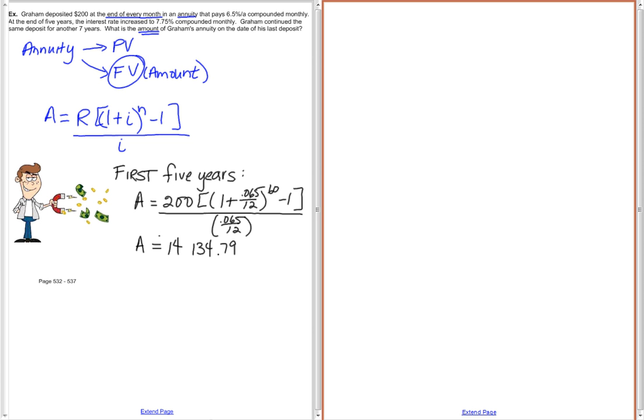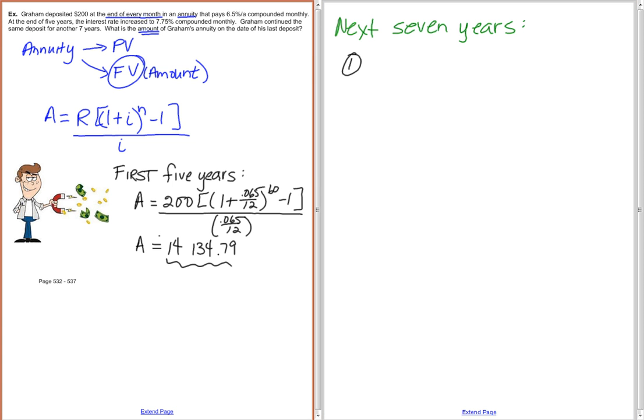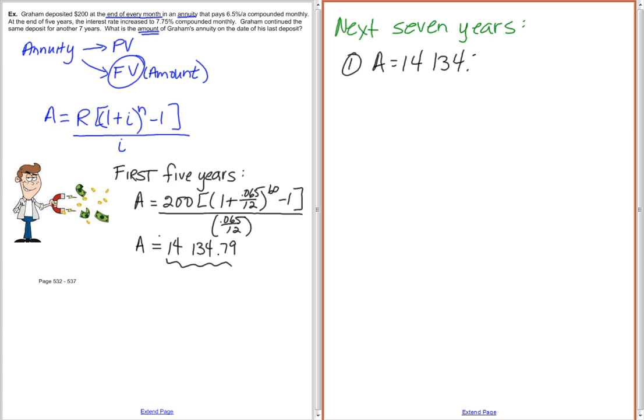Then for the next 7 years, two things happen. Number one, this amount that we earned for the first 5 years continues to sit and earn interest. So this amount, $14,134.79, is like a compound interest problem. It's going to be in that account still, but now it earns a different rate.